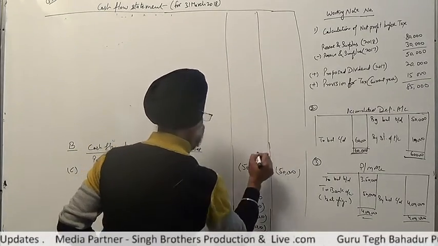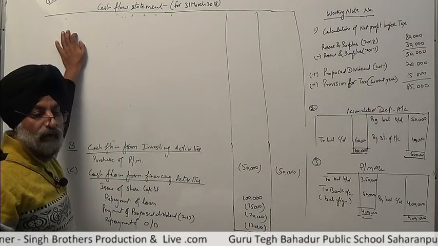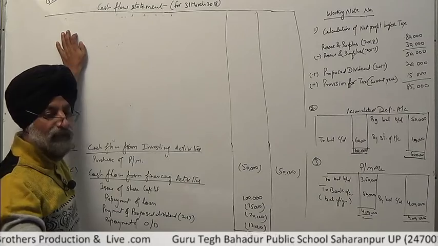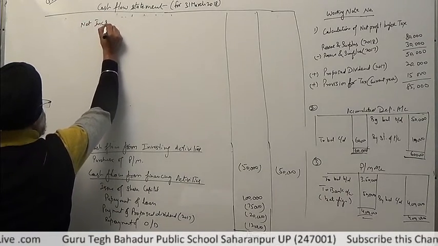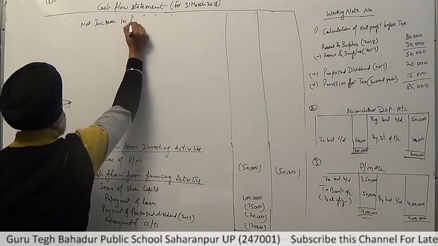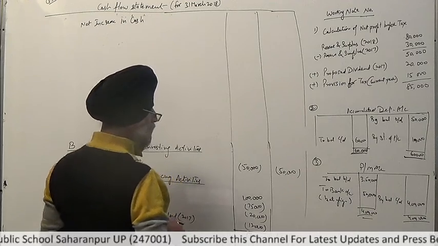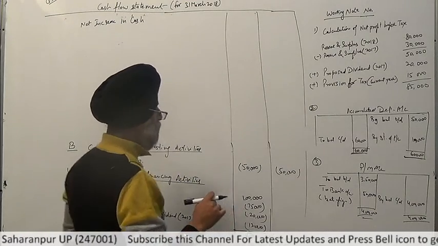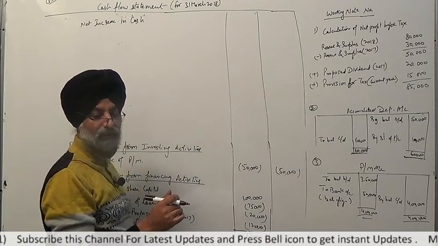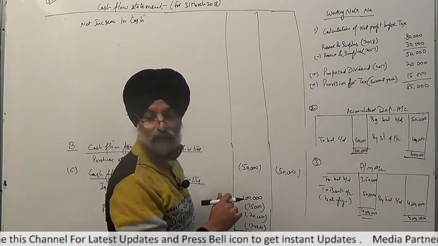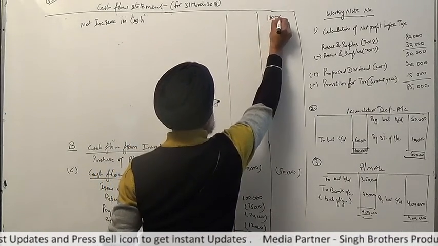Now see net cash flow, net increase in cash. 75,000 minus 50,000 minus 7,000. Net result is 18,000. Net increase is 18,000.